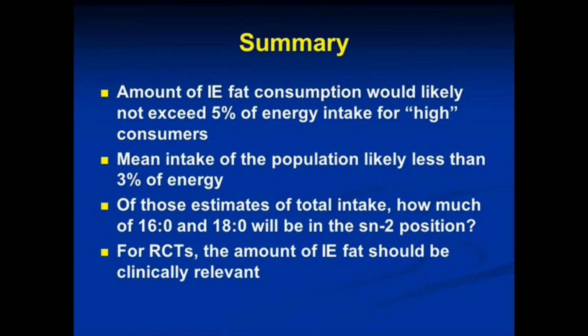The mean intake of the population, so the mean intake of the third quintile, is likely less than 3% of energy. And really the big unknown is, of those cut points, 3%, 5% of energy, how much of it is really going to be 16:0 or 18:0 in the SN2 position. That's a big unknown.